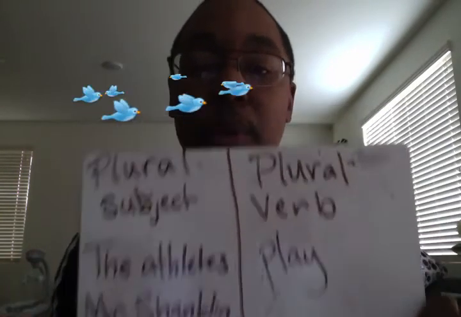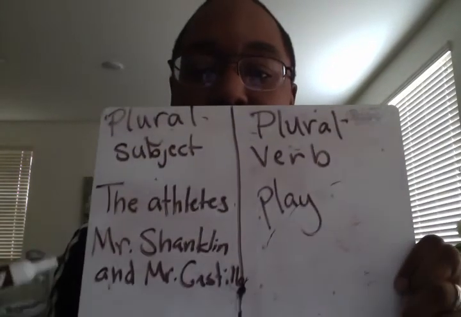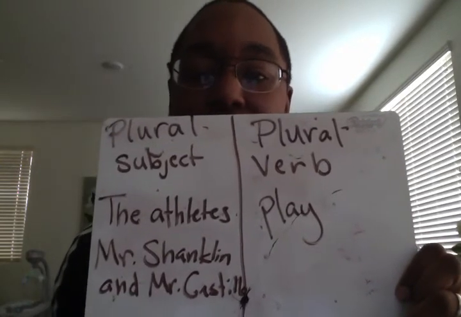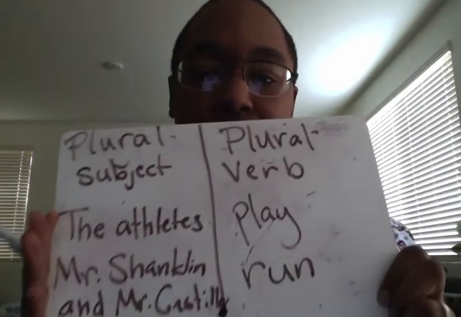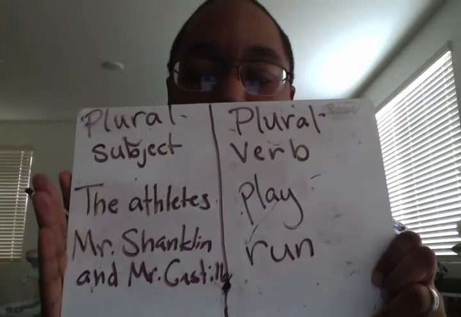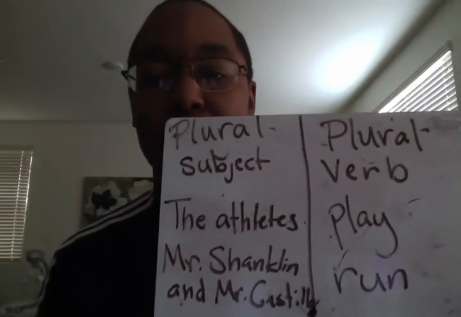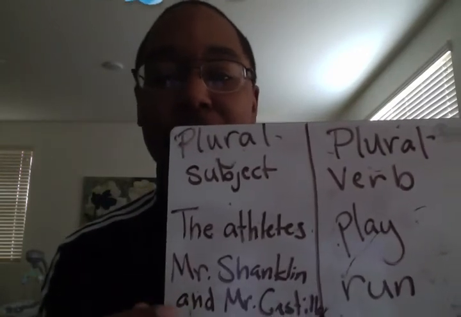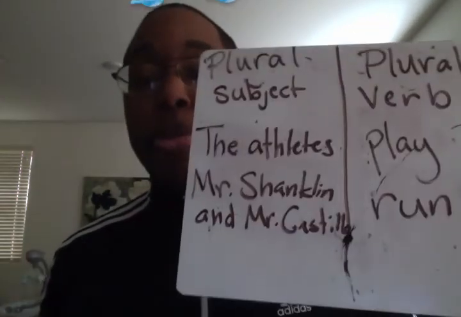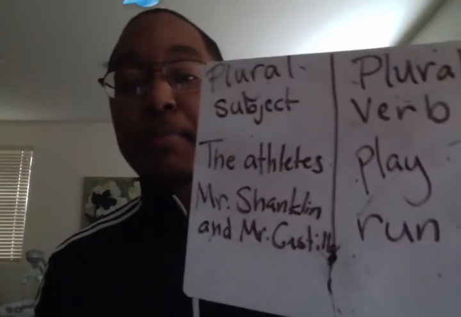They're both going to be doing the same verb. So Mr. Shanklin and Mr. Castillo, that's more than one. Mr. Shanklin and Mr. Castillo, let's say, run to class. All right. If I'm talking in present tense, I have to match my plural subject with my plural verb. No S on the end. Mr. Shanklin and Mr. Castillo run to class. Right? Plural subject, plural verb.